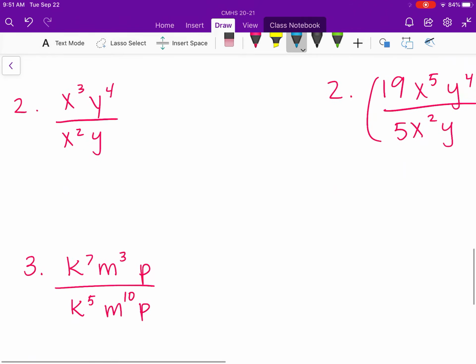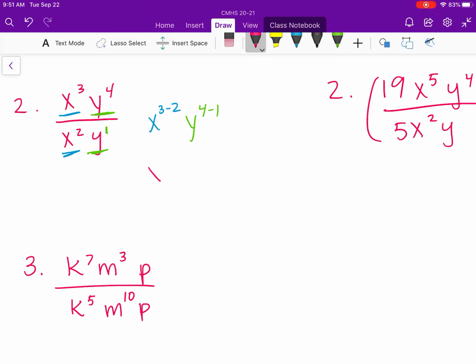Subtract. Here I have 2 different ones, so again I will do the x's in blue and the y's in green. Remember, with the y on the bottom there's an invisible one. So for the x's I have x, 3 minus 2, and for the y's I have 4 minus 1.